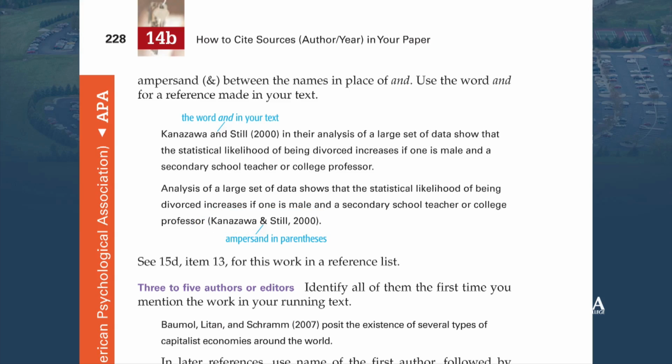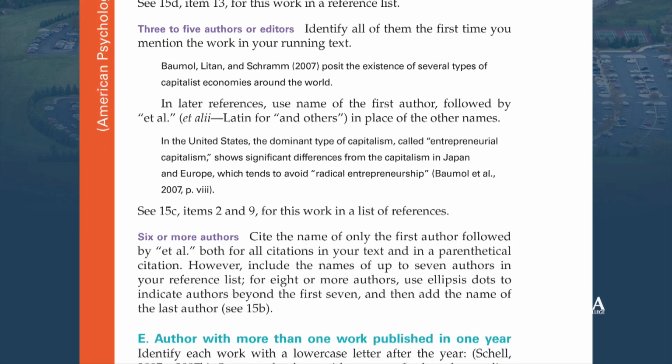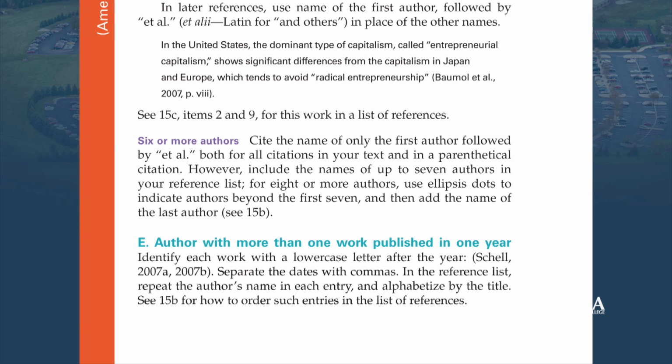The last one to look at is right before letter E here. It's 6 or more authors. You do run into some cases in the material that you'll use where there are more than two authors. Quite often in research this does occur. Make sure you look at how many authors you have.